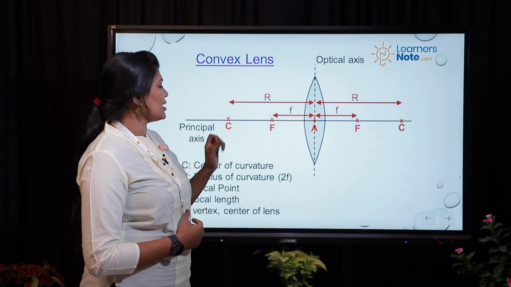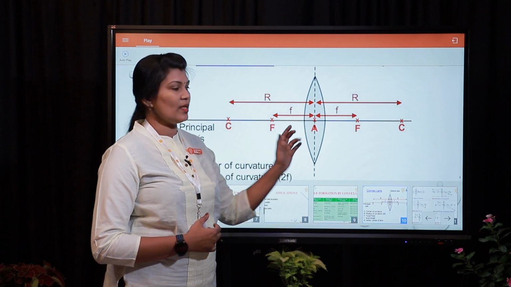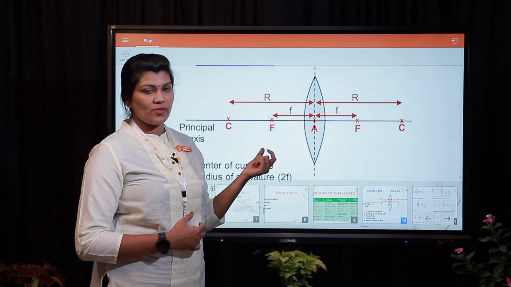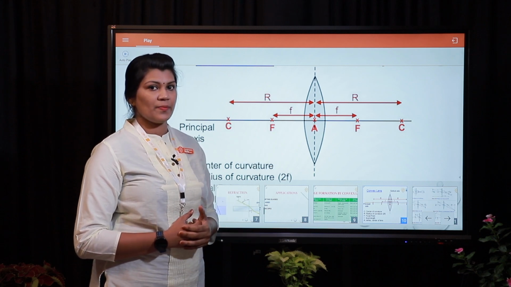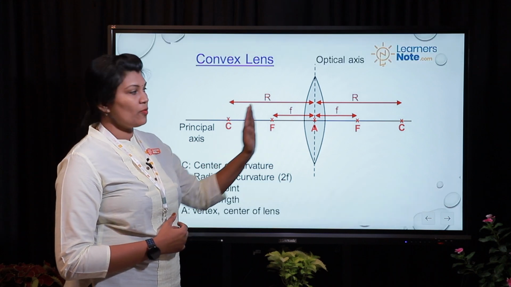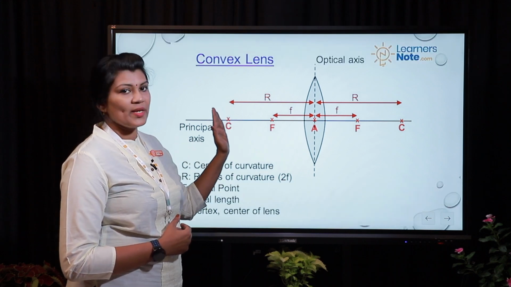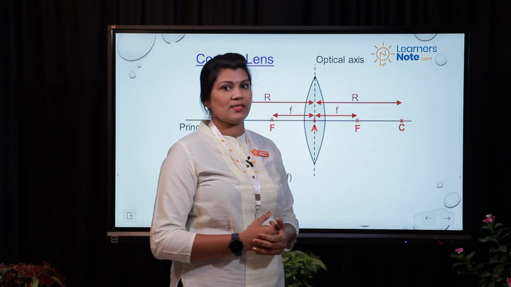And this C indicates the center of curvature of each of these curves. We have 2 focal points and 2 centers of curvature. Depending upon the position of the object from this lens, the image will be formed at different points on the other side of this lens.